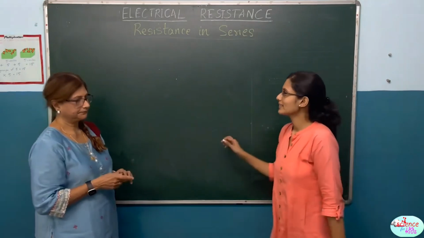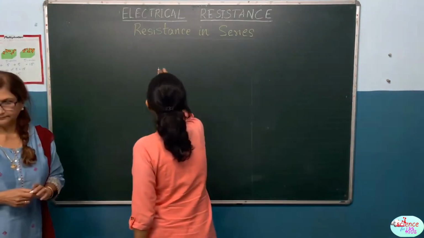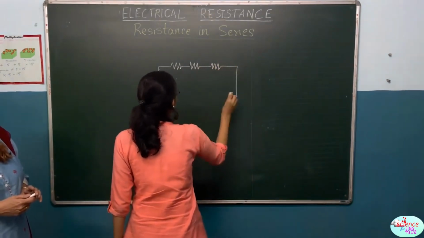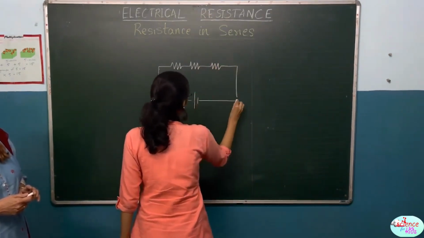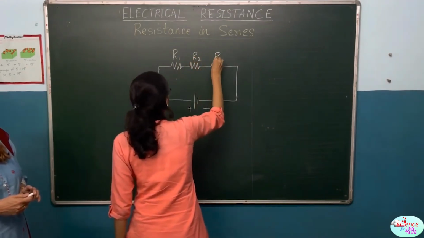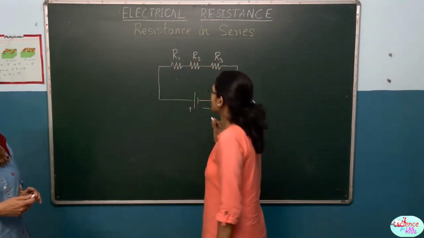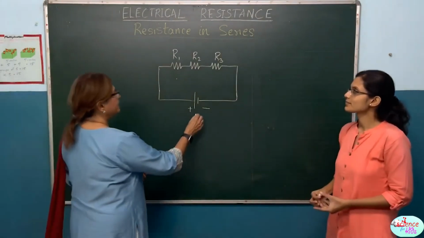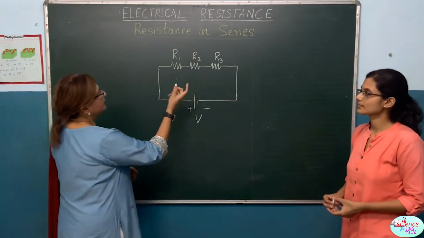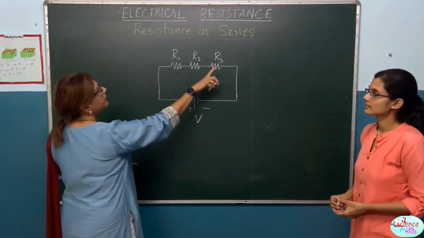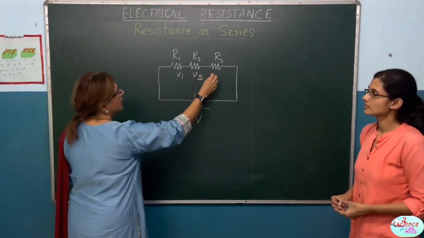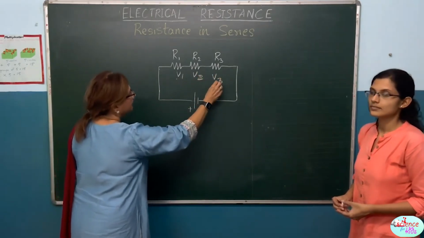Sure. So, if V is the total voltage provided by the battery, then the voltage in the individual resistors will be V1, V2 and V3.